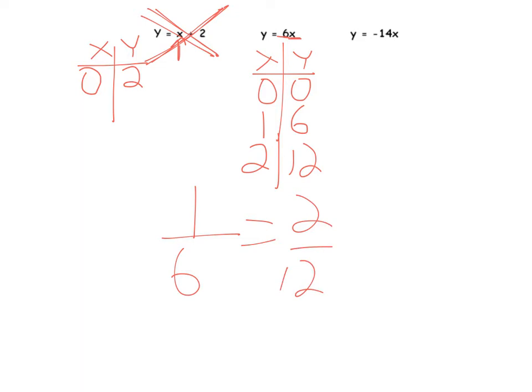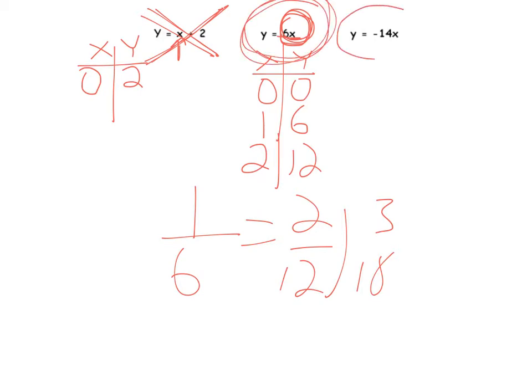Anytime you're just multiplying x by one number, that is going to be a proportional relationship. If you think about the shopping example, if one bag of candy costs $6, then 2 costs 12. 3 is going to cost 18. 4 is going to cost 24, and so on and so on. This is a proportional relationship.